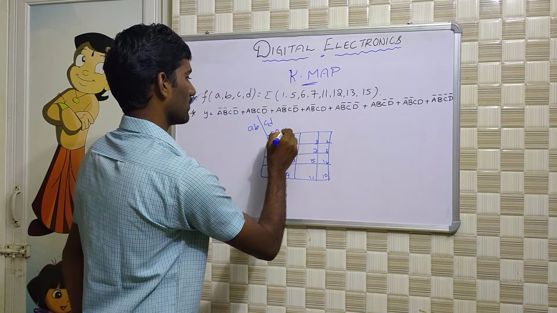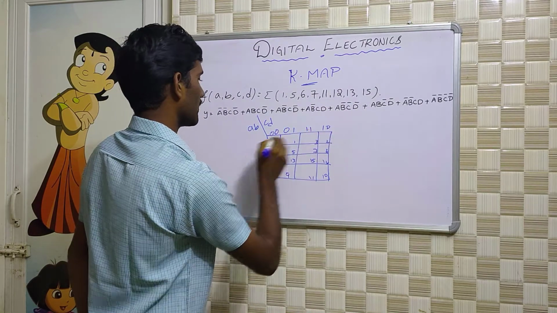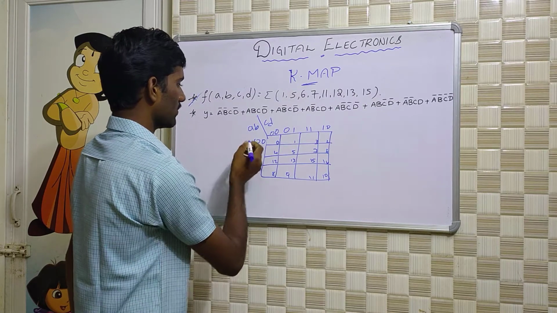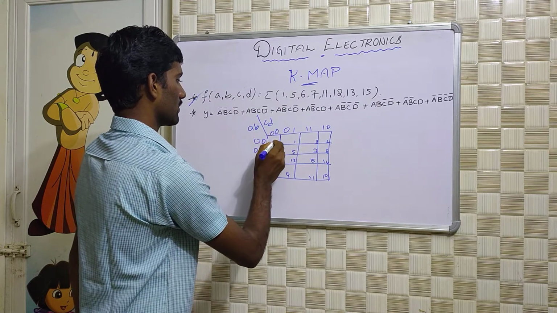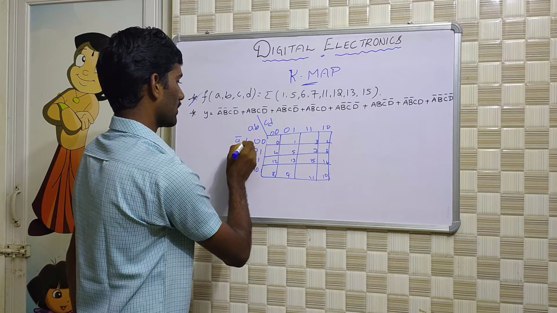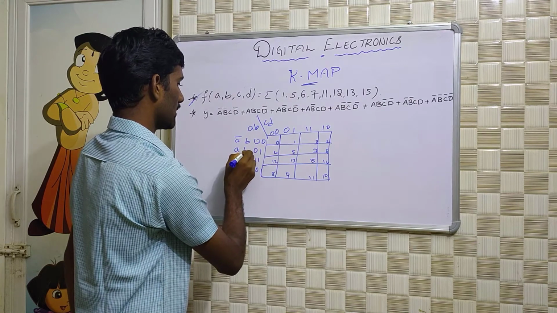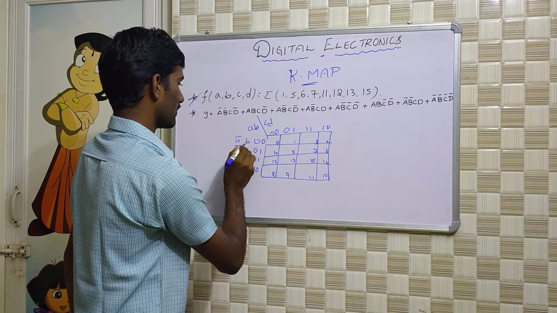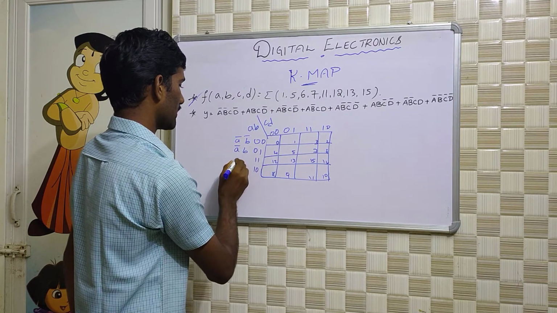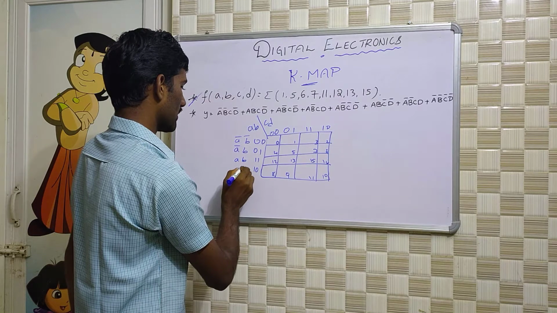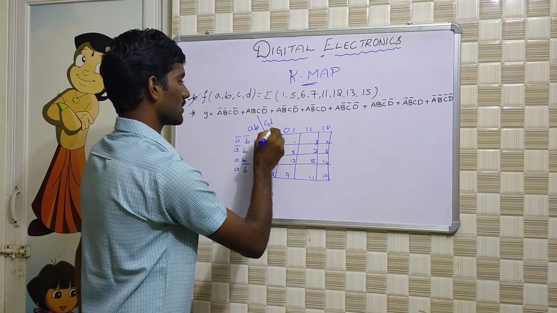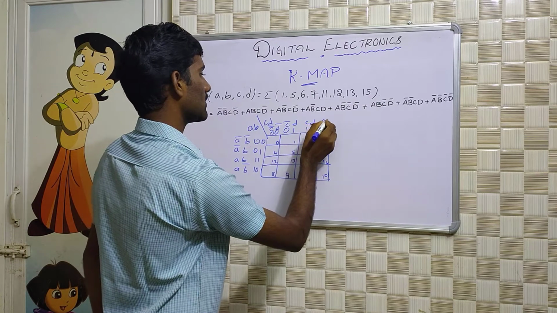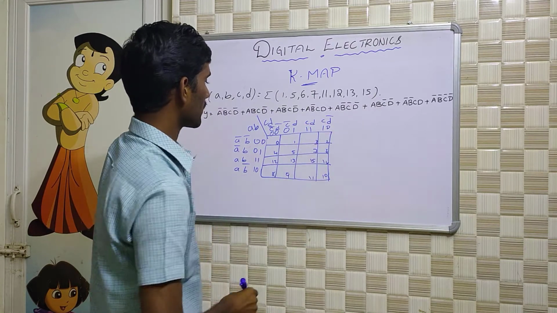So 0 0, 0 1, 1 1, 1 0, and so on. This is A bar B, A B bar, A bar B bar, A bar B, A B, A B bar, C bar D bar, C bar D, C D, C D bar.